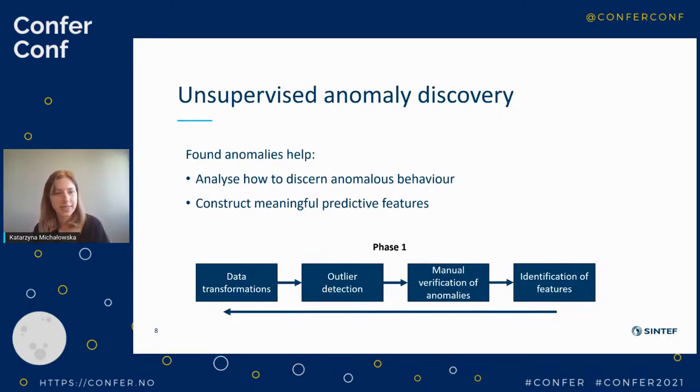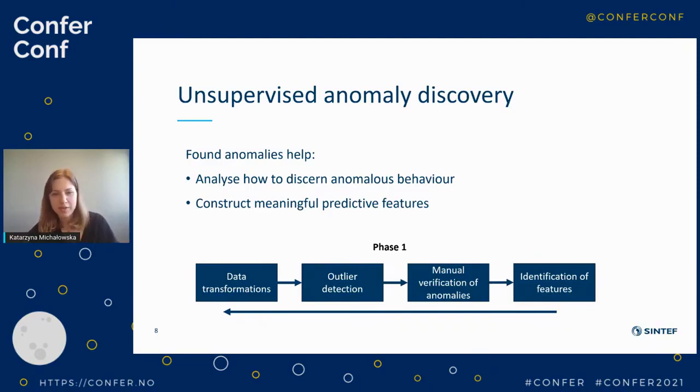After we have some set of labeled anomalies, we could kind of reverse it and see what features that we used were actually indicating these anomalies. After that, we could take the features all together, or only use the ones that were indicative of the anomalies and ignore the other ones, make another data transformation, train the unsupervised learning algorithm again, detect outliers, and so on.